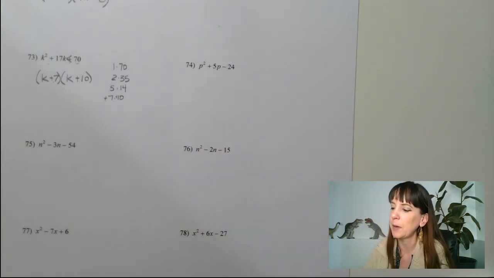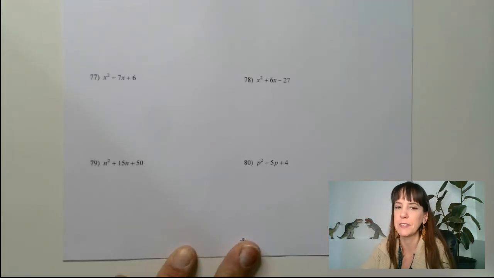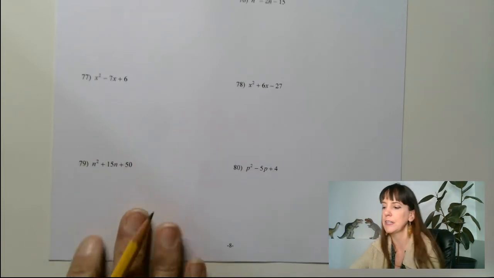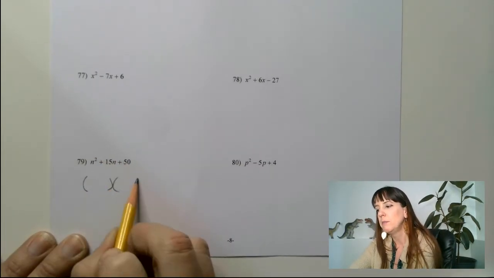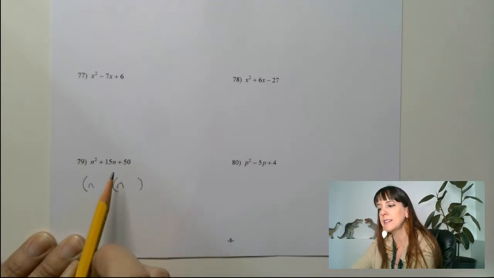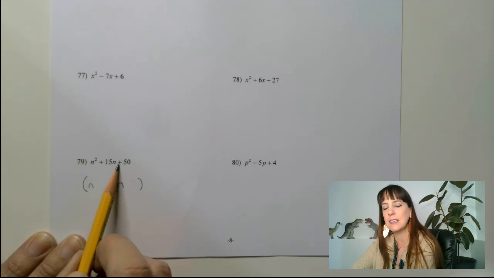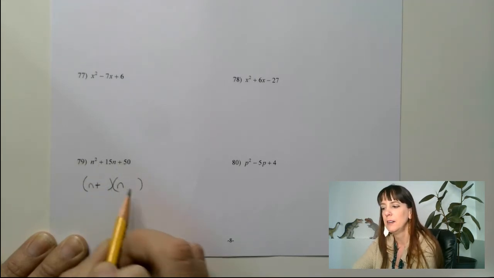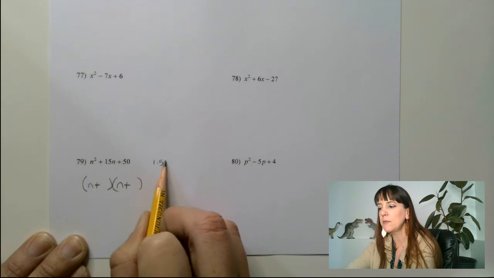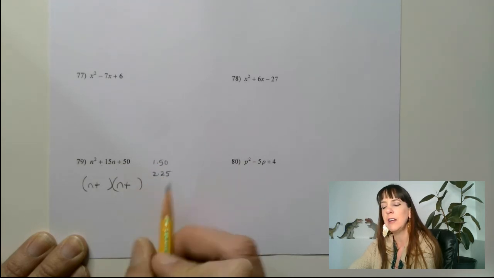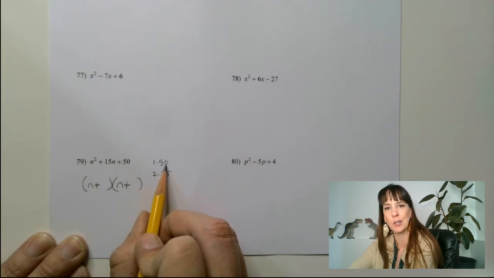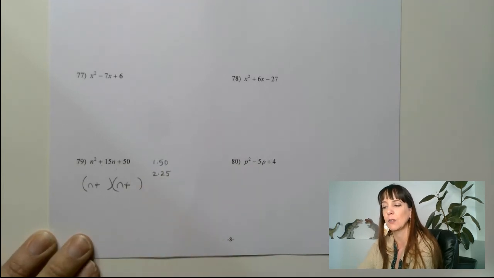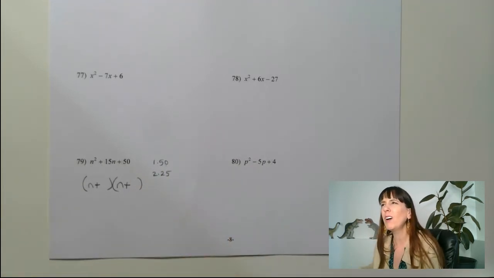Let's look at another positive here. I like this. Number 79. We got 50 here. Bubbles, bubbles, n, n. This tells us same signs. This tells us positive, positive. Factors of 50, 1 times 50, 2 times 25, not 3, because 5 plus 0 is 5, and 3 does not go into 5, so 3 is not going to go into 50. 4?